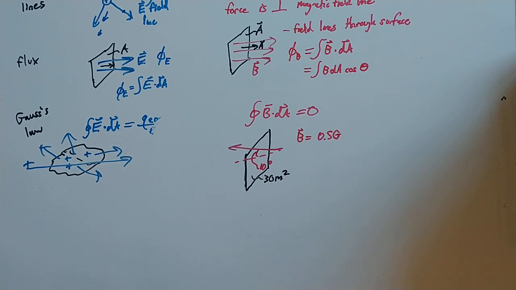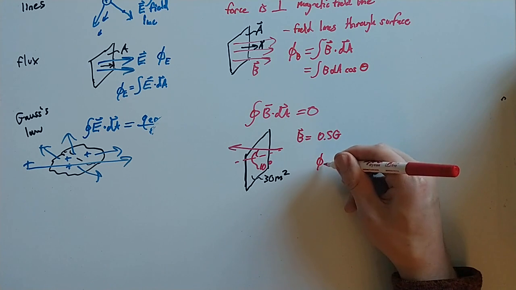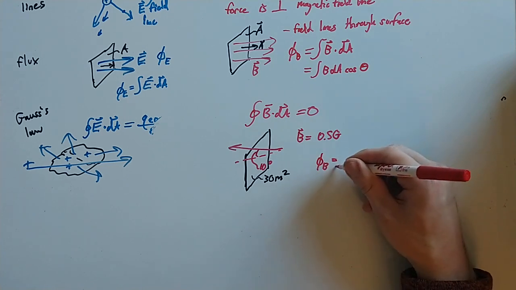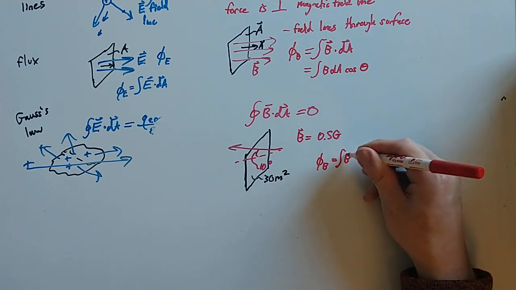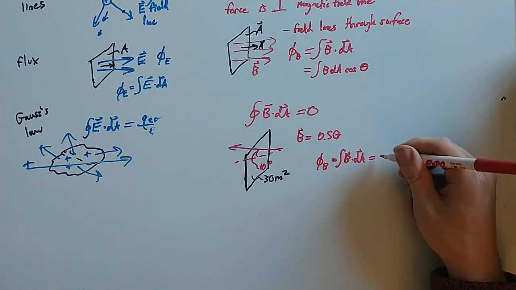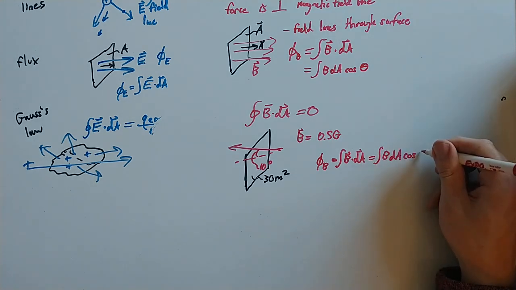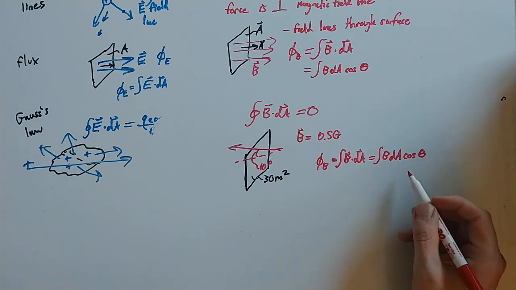And to calculate that, we just use the formula that we have here. We say that the magnetic flux is the integral of B dot dA, which in this case means it's going to be the integral of B dA cosine of the angle between them.